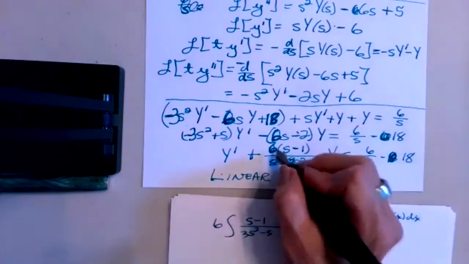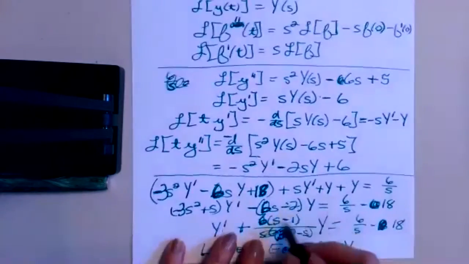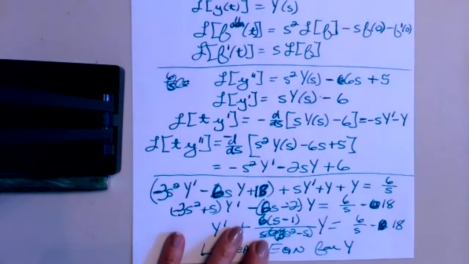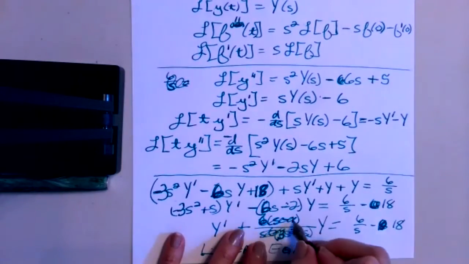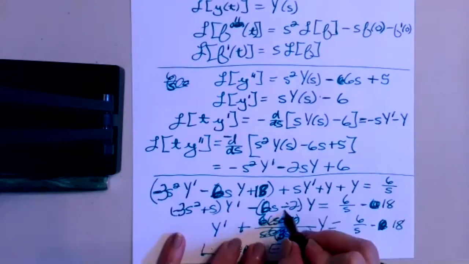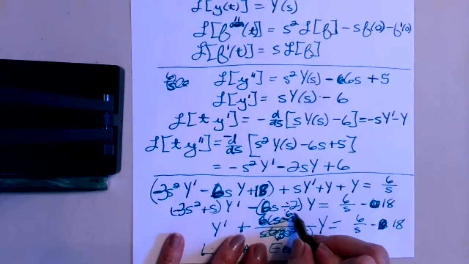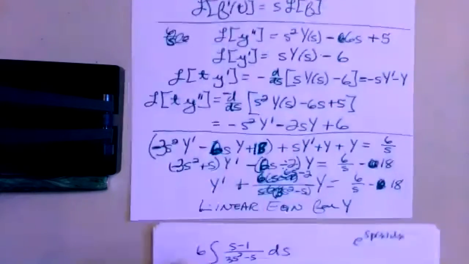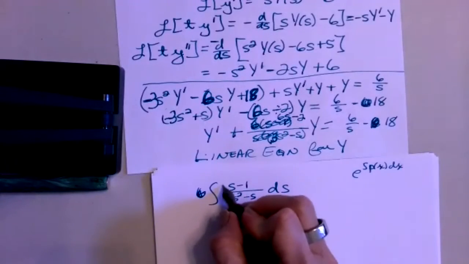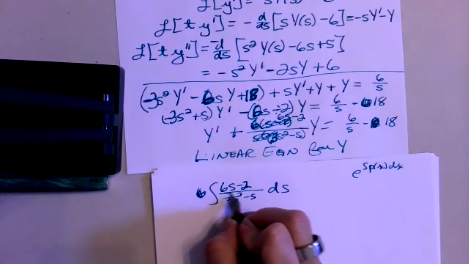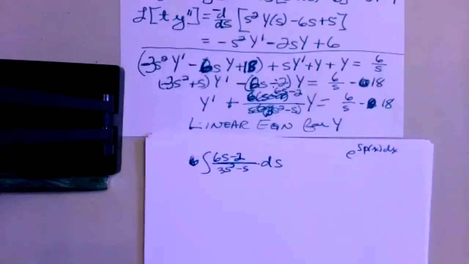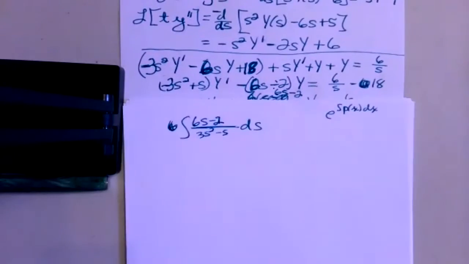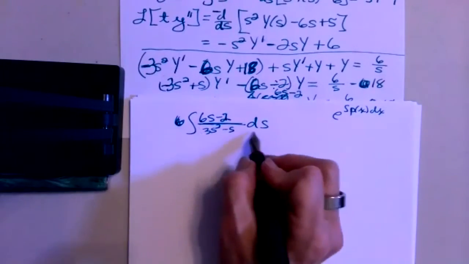So this is not quite right because that factor changed. So let's just leave it as 6s minus 2. If you make an error, you have to correct it correctly, and I almost botched it there.